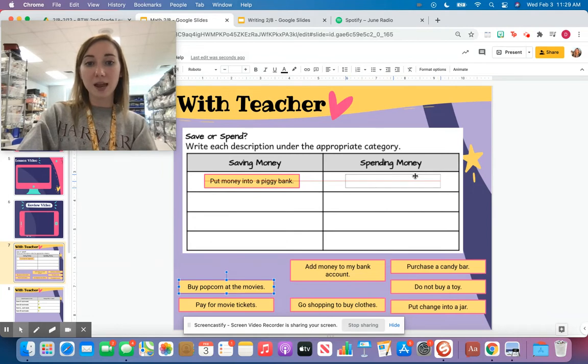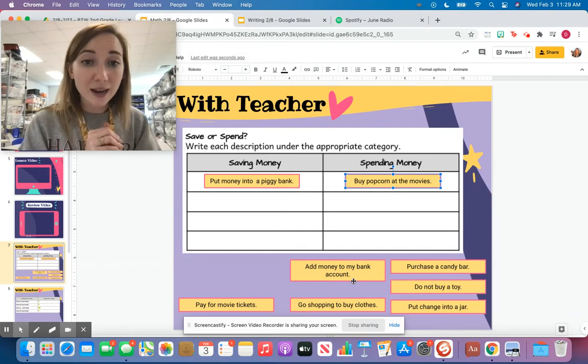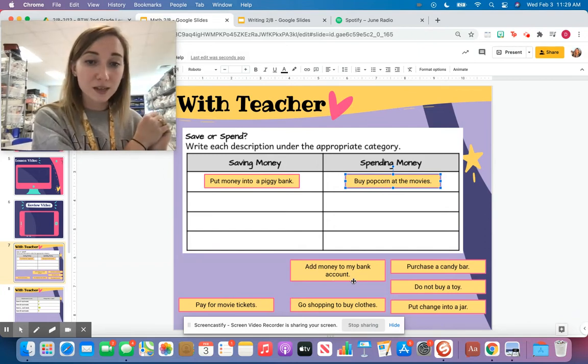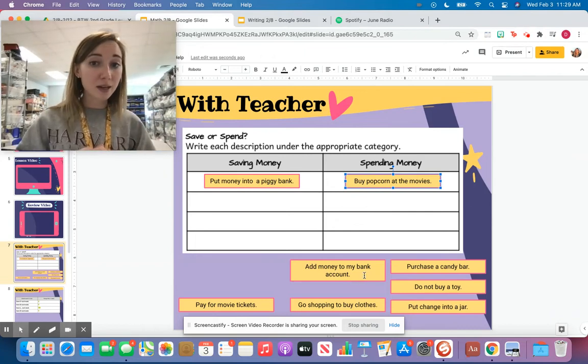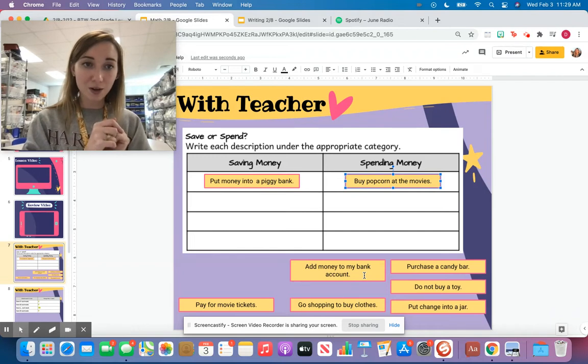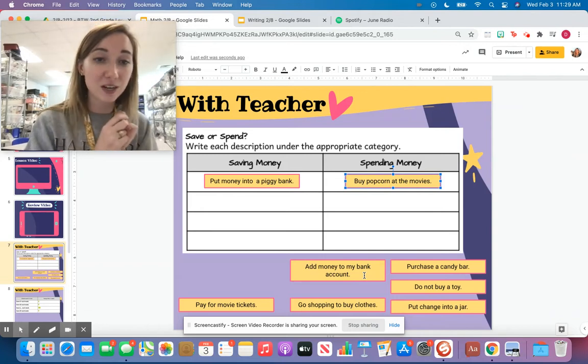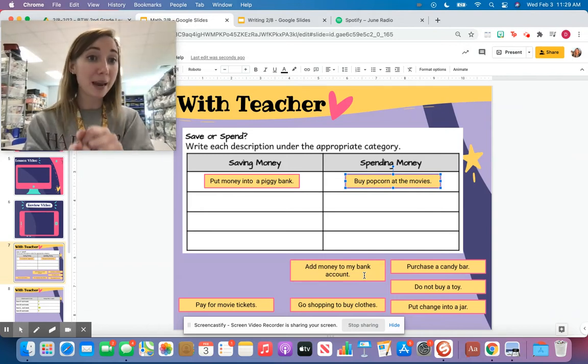All right. Next, if I add money to my bank account, if I go up to the bank and I say, "Hey, put this money with the rest of my money in my bank account," am I saving that money or am I spending that money? What do y'all think? This one is a little bit tricky. So you are handing your money to like a bank teller, right?